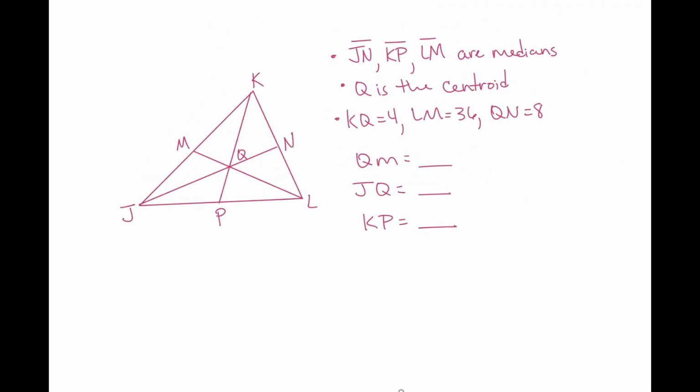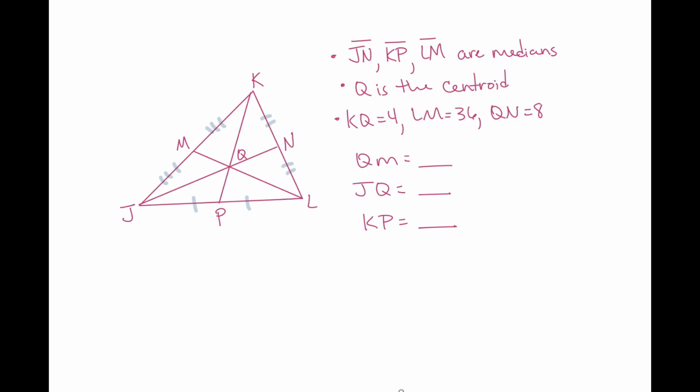In this problem, J, N, K, P, L, M are medians, which means they go from the vertex to the other side, and they cut the other side in half. So we can mark these as all the same. Then it says Q is the centroid, because the centroid uses medians.